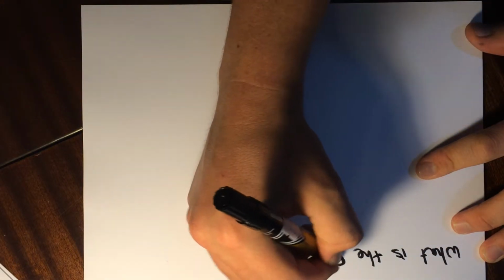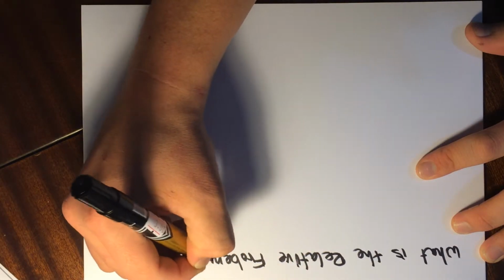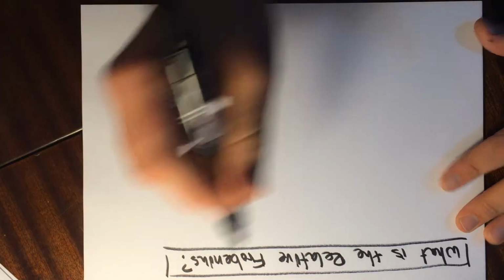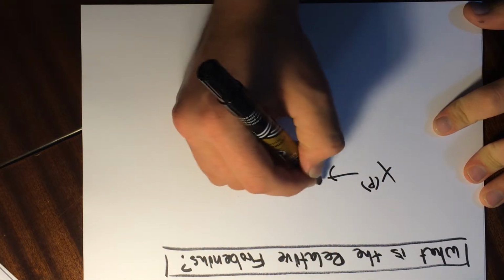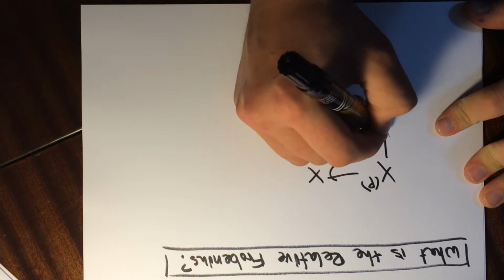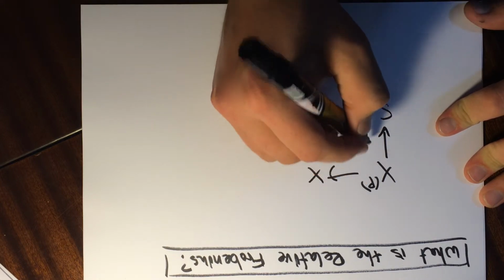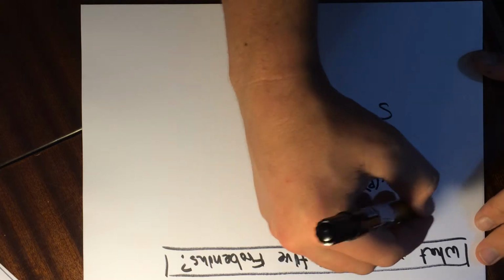Okay, so what is the relative Frobenius? Here I'm going to write out a diagram. We have our Frobenius twisted guy, S here, and we have this F_S, and we have this phi map. So this is the structure map here.